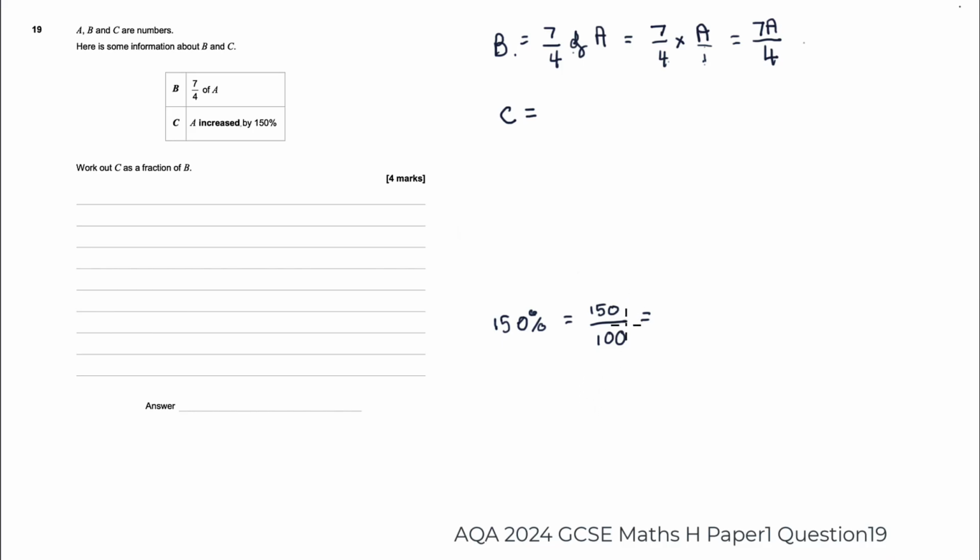And if we cancel by 50, we'll get 3 50s make up 150, 2 50s make up 100. So that's 1.5. So it's increased by 1.5. So we start out with A and add 1.5 times A.